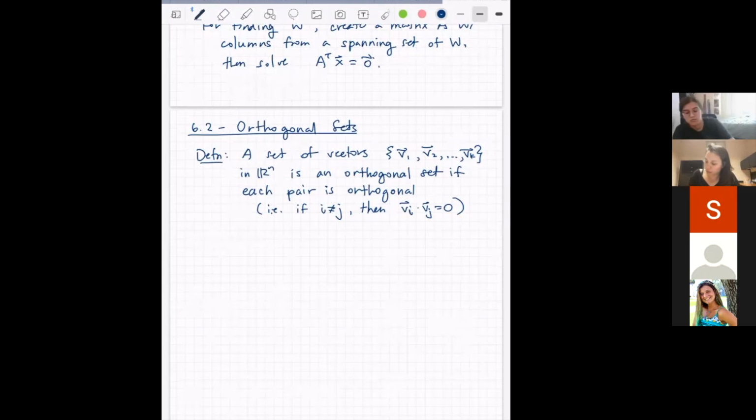So for example, one orthogonal set in Rn is the collection of the coordinate vectors, e1 up to en.